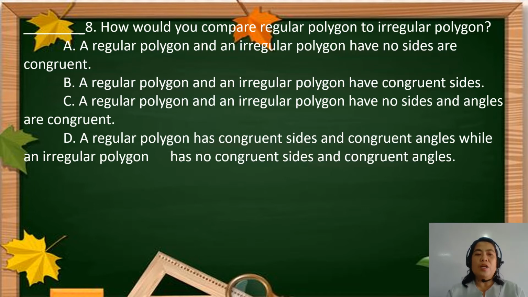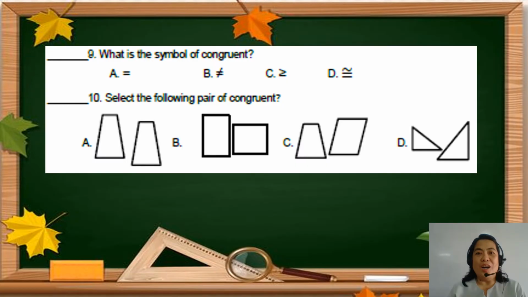D, a regular polygon has congruent sides and congruent angles, while an irregular polygon has no congruent sides and angles. Okay, the correct answer is letter D.